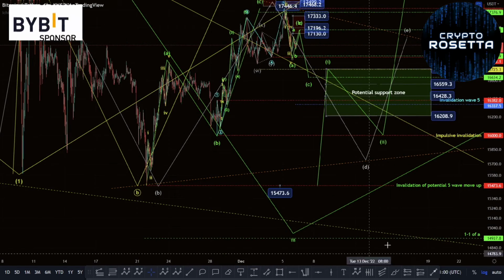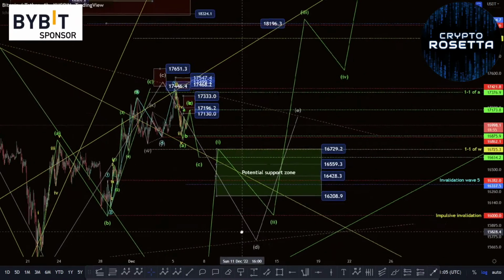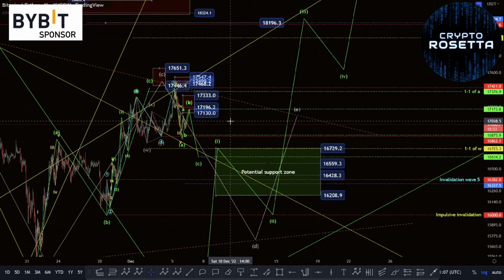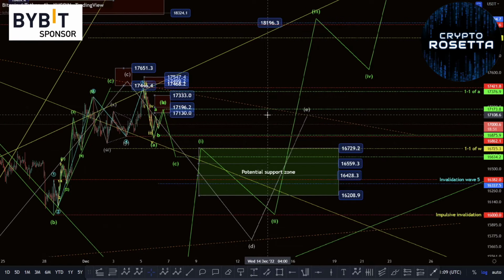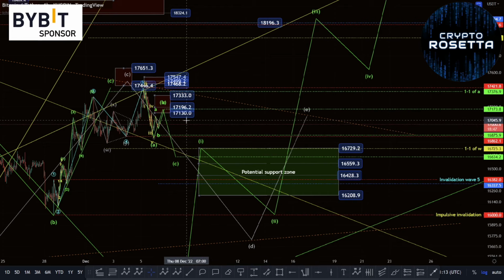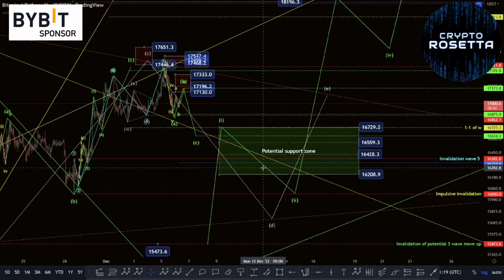Though we wouldn't want to cross below this 15,473. Dropping below that would invalidate the potential of a triangle. Also, moving back above 17,421 would invalidate the potential of developing a zigzag to the downside here.